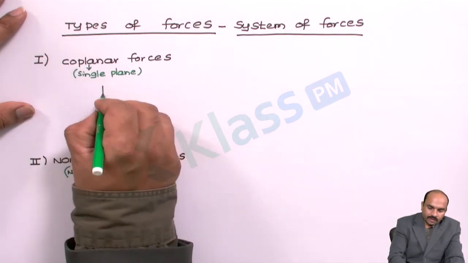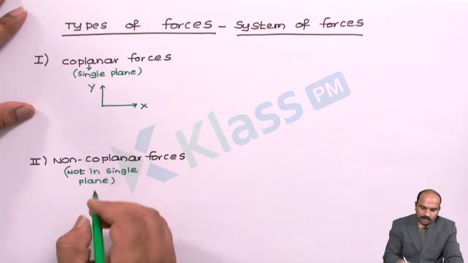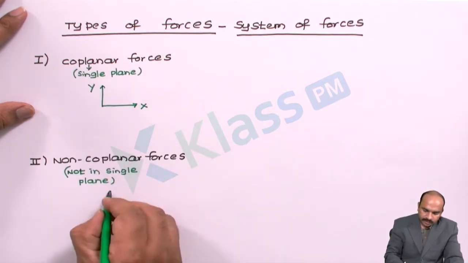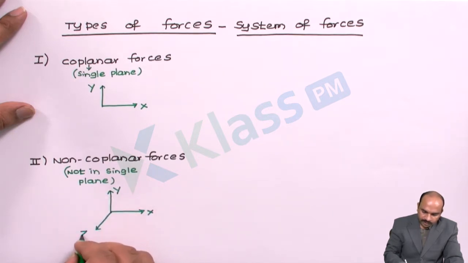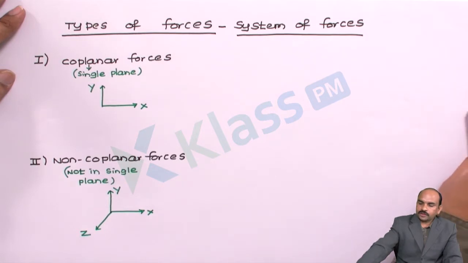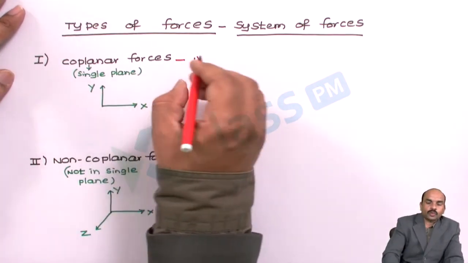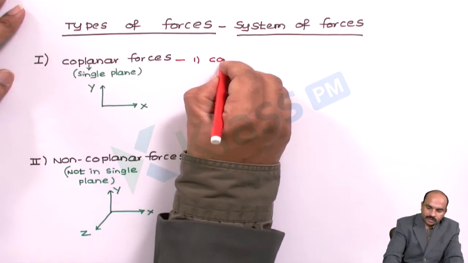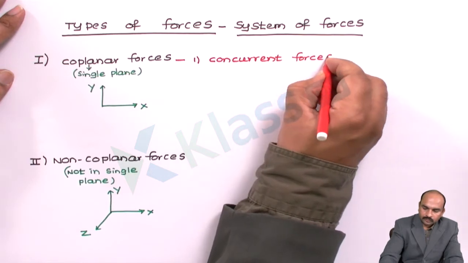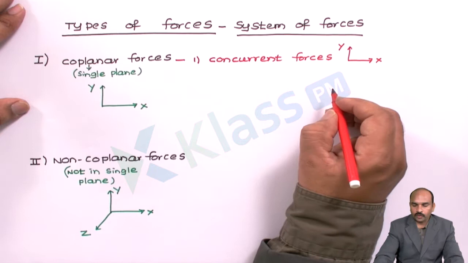So coplanar means, let us take a single plane xy. Non-coplanar means there are different planes like x, y, z. So these are the different types of planes. Now in this again there are different types. One is coplanar concurrent forces. There is a single plane x, y.